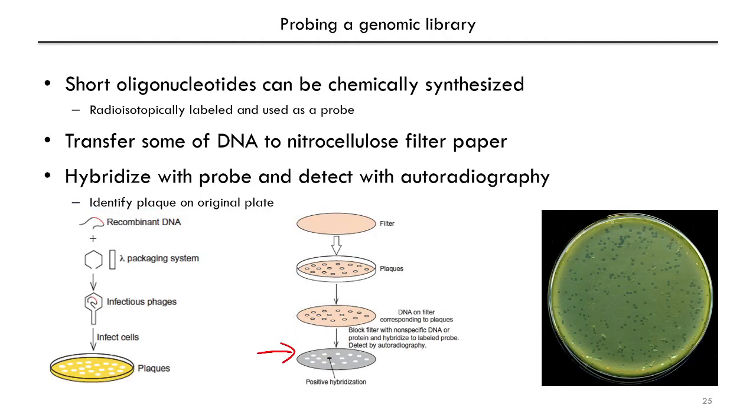Then you can add your radioactively labeled oligonucleotide to the filter paper with denatured DNA. Because the nitrocellulose paper has been blocked with nonspecific DNA, the oligonucleotide will only bind where there is DNA from a clone that has a complementary sequence to which it can hybridize. You can wash the nitrocellulose paper and see where the radioactivity remains bound. This will tell you which plaque of phage or which colony of bacteria has the clone carrying your DNA of interest. That's it for this lecture.